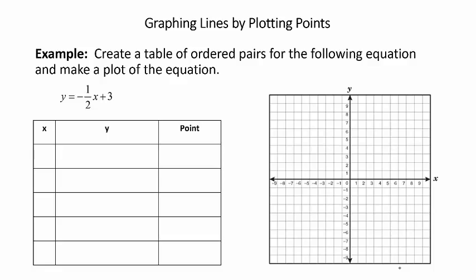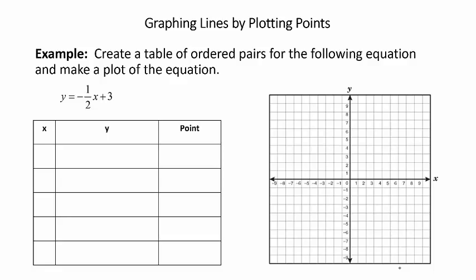In this case, with a line, I might pick values, say, between -2 and 2. One of the things that I notice with this equation is that the coefficient in front of x is a fraction, and the denominator is 2. So if I picked values of x between -2 and 2, say -1 for instance, that would give me a +1/2 plus 3.